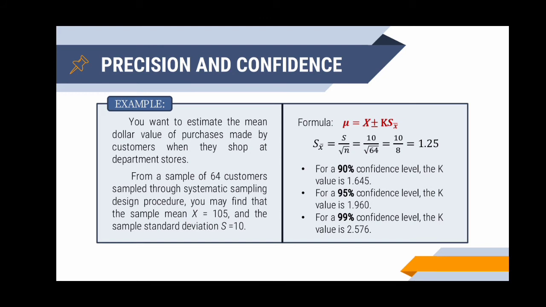Also, T-table pa rin when the population standard deviation is unknown. Bale, unang tanong talaga is if known ba yung population standard deviation. Kasi kung hindi, diretsong T-table ka na. Kahit na yung sample size mo is above 30.